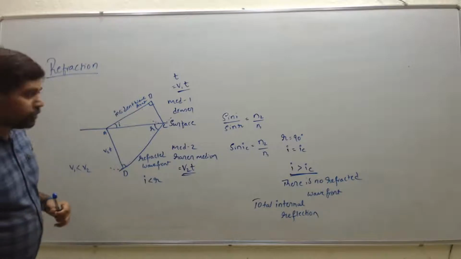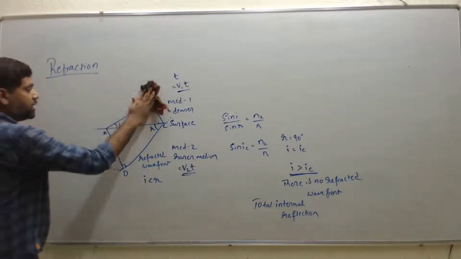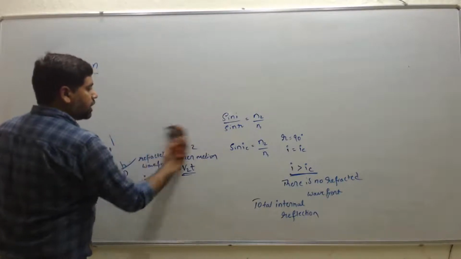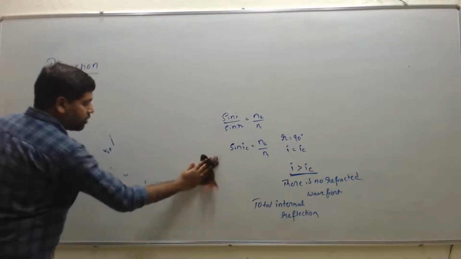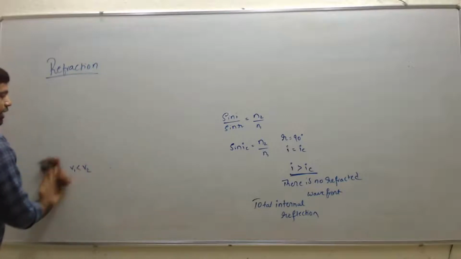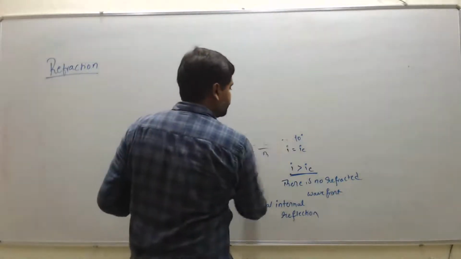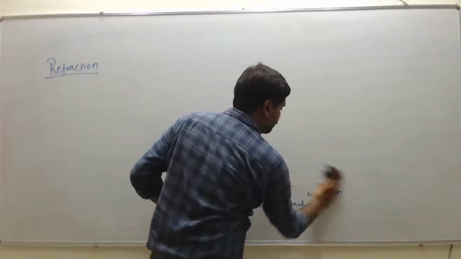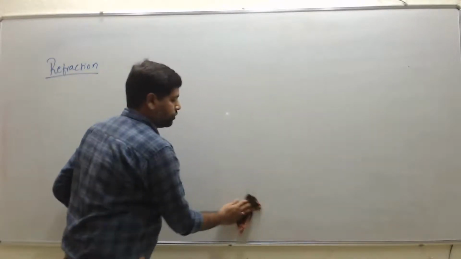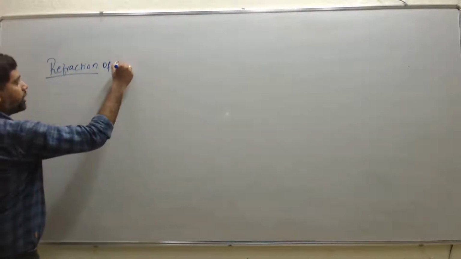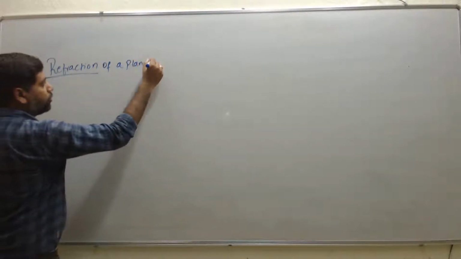Similarly, the refraction that takes place through a thin prism, a convex lens, and also a concave mirror. It is refraction of a plane wave.